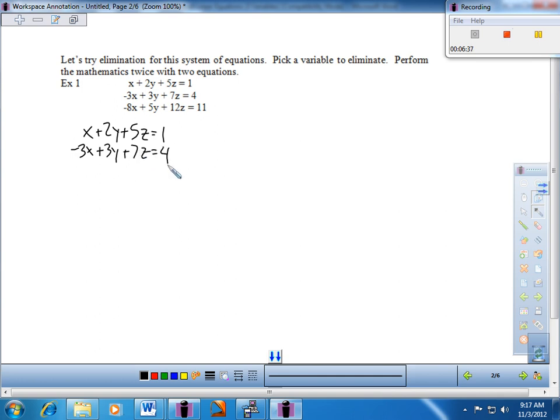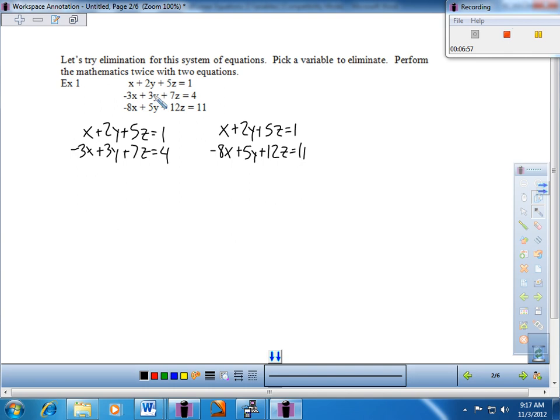So I'm going to eliminate the x's in those two equations. And then, everybody, I'm going to pair it up one more time. As I said, the first and the third. It sort of looks like they can go together pretty nicely, and I can eliminate the x's there. You do have to choose one variable. So I can't say something along the lines of, ooh, I'll eliminate x here, but then maybe eliminate y here or something. Choose one variable to eliminate, and then pair it up 2 times over.